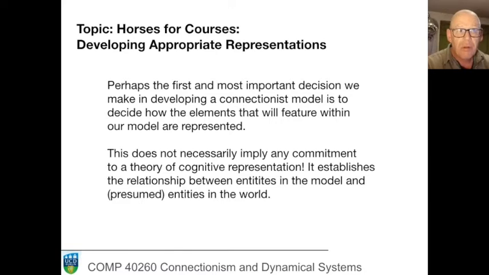This choice is forced upon us in order to do any modeling at all, and in that respect, we need to distinguish between doing this task and the often vexed debates that surround representational theories of cognition, or the very idea that representation is the right framework to understand cognition.